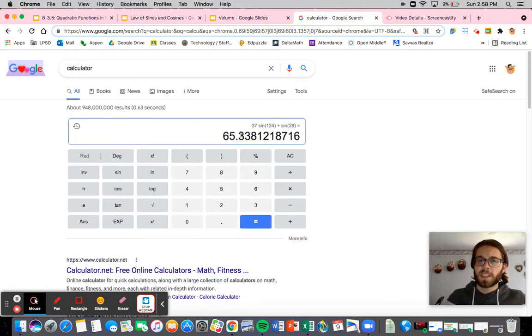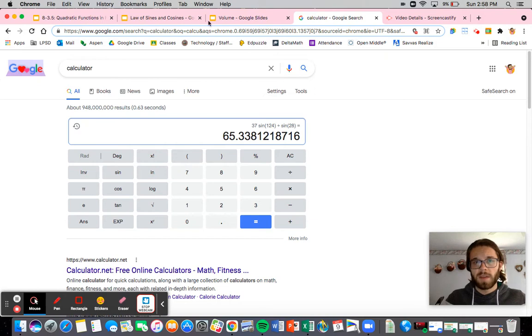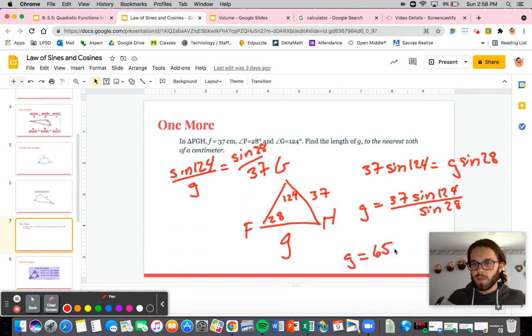You get the answer of 65.338. And I forget what it tells you to round to. So 65.3, right? 65.3, yes. All right, so your length here is going to be 65.3. All right, and there you have it.